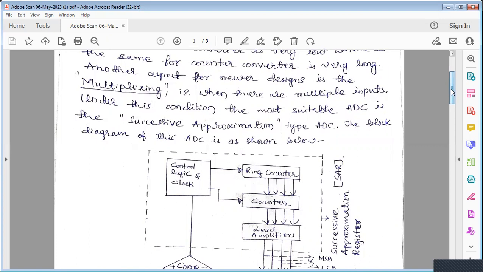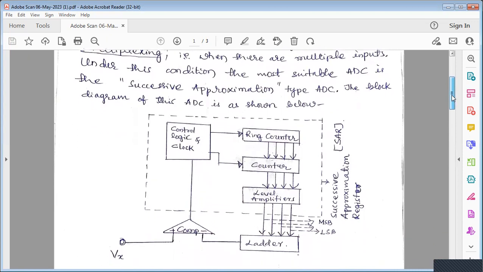So more than one input will have to be fed to the input of a circuit, sometimes for some applications. That is called multiplexing. Under this condition, the most suitable ADC is the successive approximation type ADC, which is a circuit design that allows multiplexing.